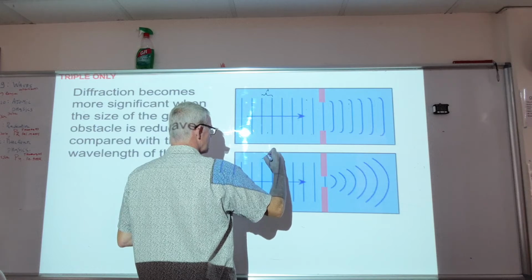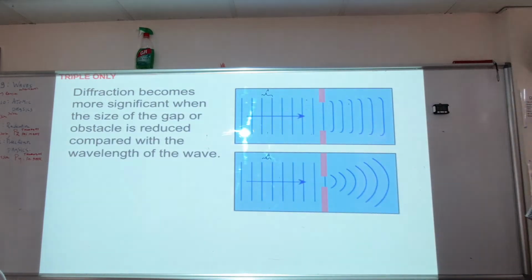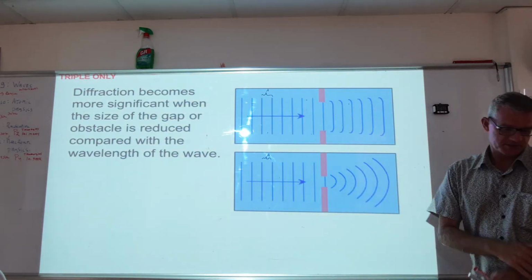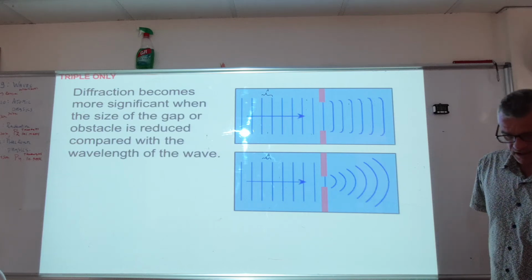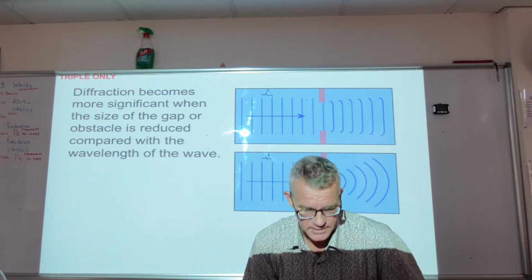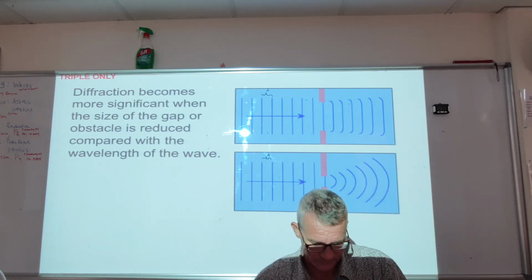That's the wavelength, lambda, remember. Now when the opening is much smaller, the waves are going to bend much more. I'm going to show a video of diffraction, and normally we do a demonstration with a water tank.